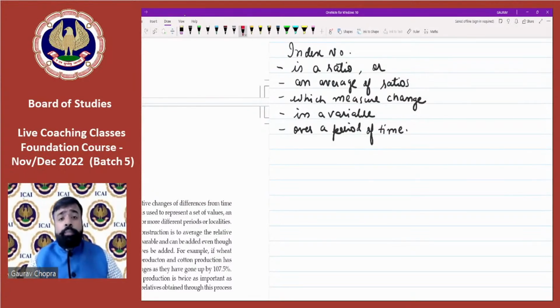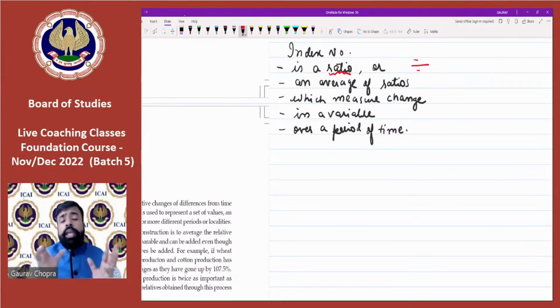So if we talk about index number is a ratio. Now for calculation of ratio, we say minimum two values are required. One will come in numerator and other in denominator. If we have, let's say, more than two values, then what will happen? If more values are available, then of course ratios will also be more.